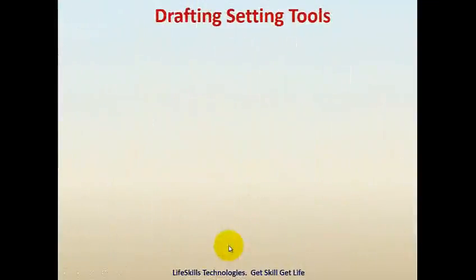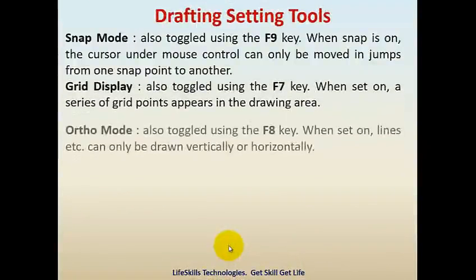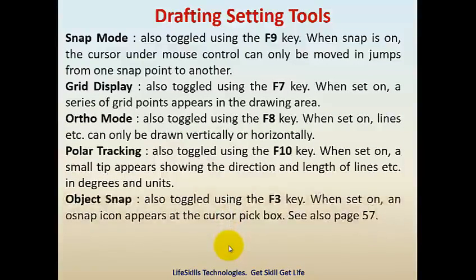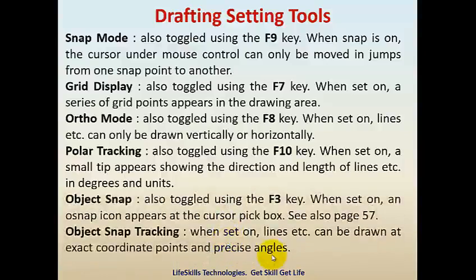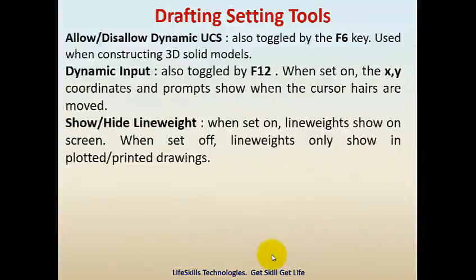Where I try to explain each of the drafting setting tools. I will still explain them in detail. But for now, let's try to see what each of them does.